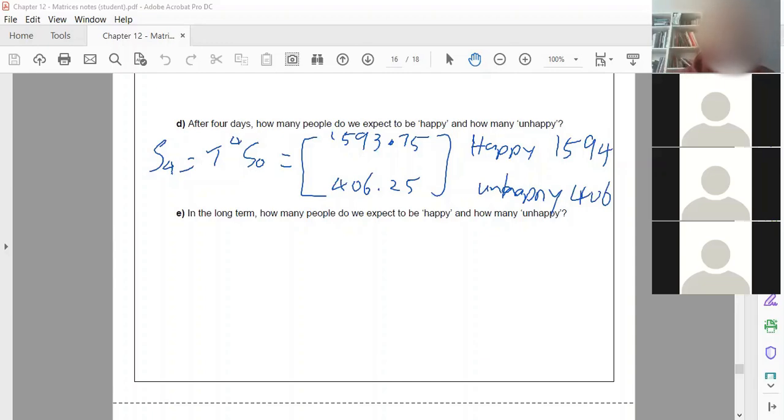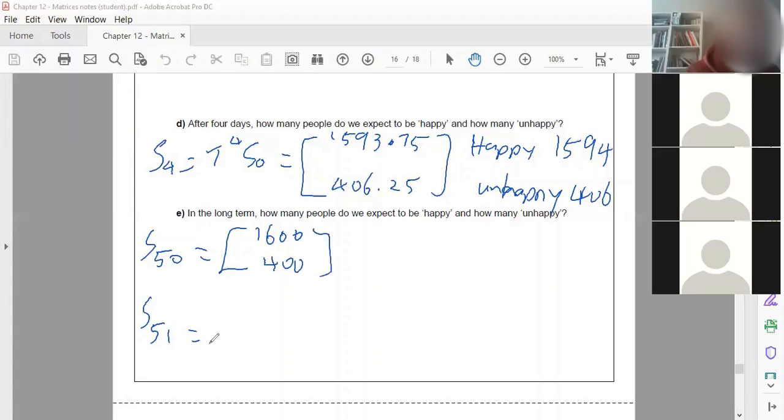And then part E says, in the long term, how many would we expect to be happy and unhappy? Okay, I'm going to try S of 50 and S of 51. So T to the power of 50 times the original gives me 1,600 and 400. And now I'm going to check T to the power of 51 times the original, and hopefully I get the same answer.